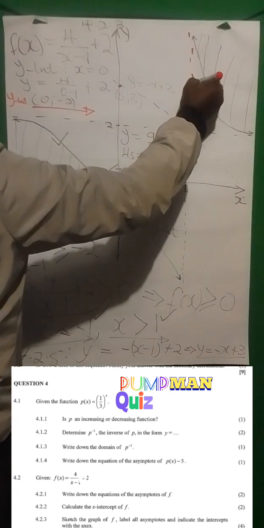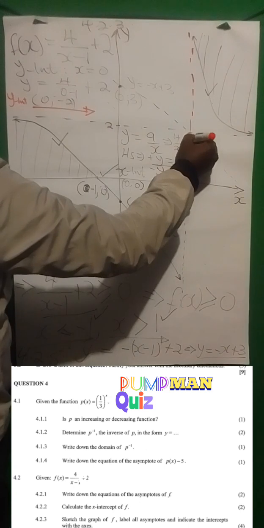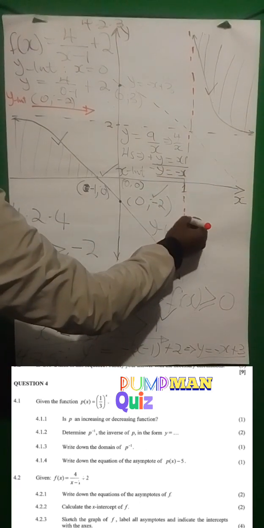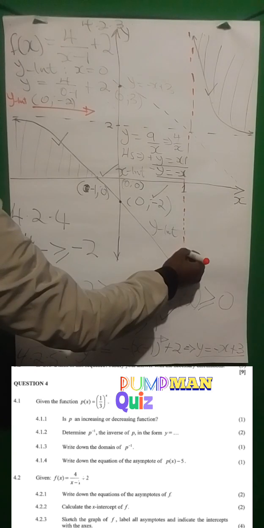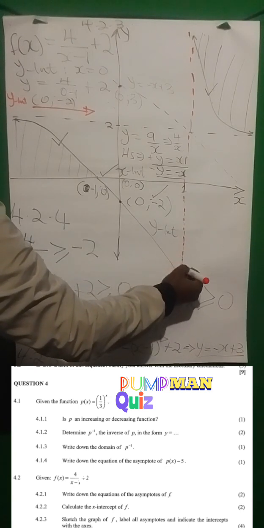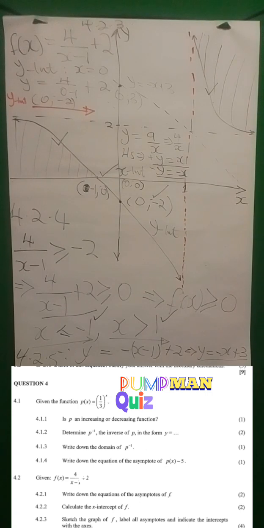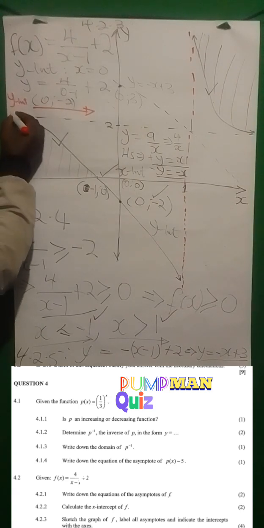Which I am just adding with my red, passing through your 1 like that. And then my horizontal asymptote, we said, is the line of y is equal to 2. Here it is.